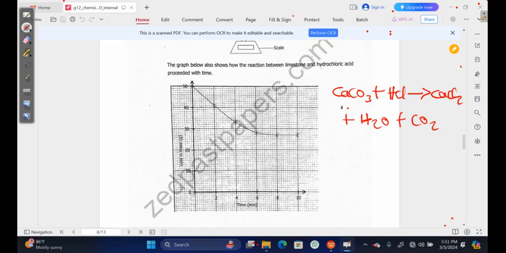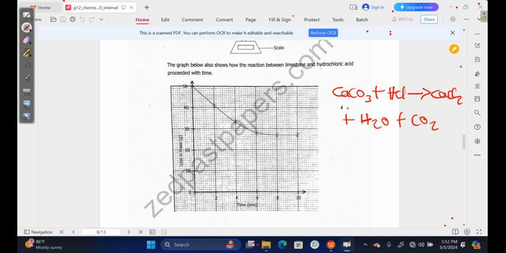So our graph is showing the loss in mass with time, how the mass of our content in the beaker is changing, because among our products we have a gas, so as the gas is being formed, the mass of our reactants will keep on reducing.